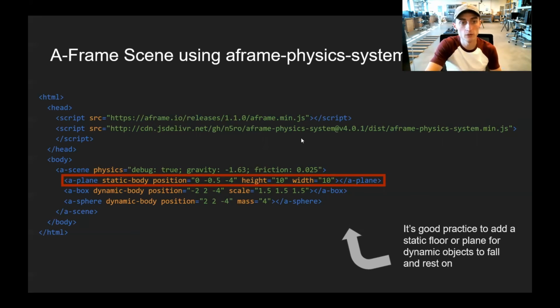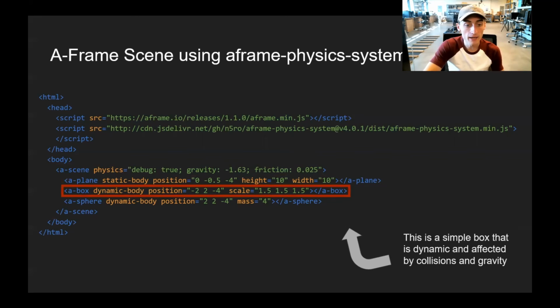So when I have an A-frame physics system scene, I always set a floor or ground with a-plane, and I set it to static body, because I don't want it to move. I position it just in front of the screen so you can see it, and I set a good height and width. You'll notice that the units in A-frame are actually meters, so this plane is a decent size: 10 meters by 10 meters.